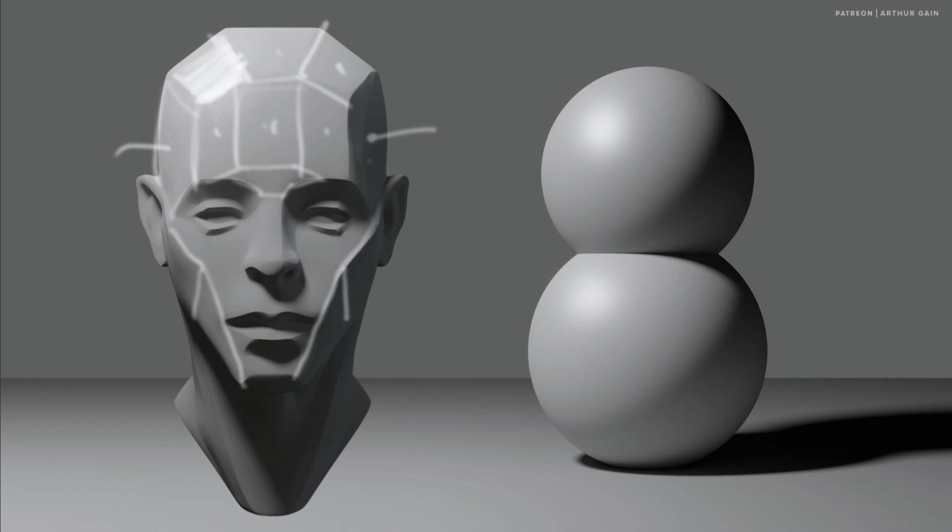And keep in mind that if you place the light to the side, one of these symmetrical planes will be lighter than another, you see? So it will help with the form as well.